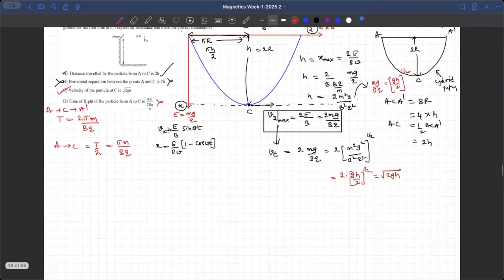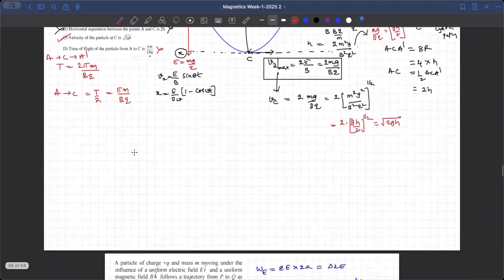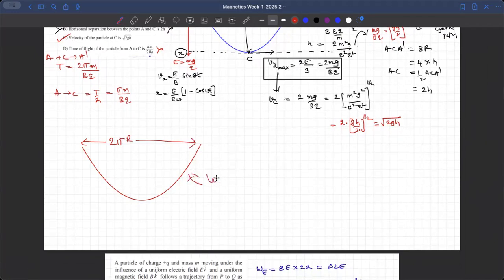See, all this is on the knowledge of the cycloid path. If this is the cycloid path, the horizontal distance of the cycloid path is 2πr, the length of this path is 8r, and the height of this path is 2r. This is the geometry of a cycloid.